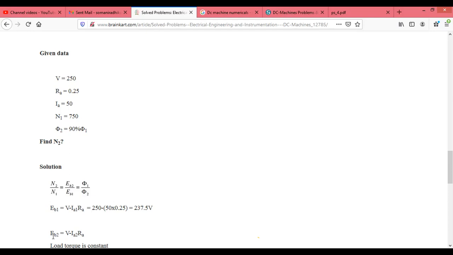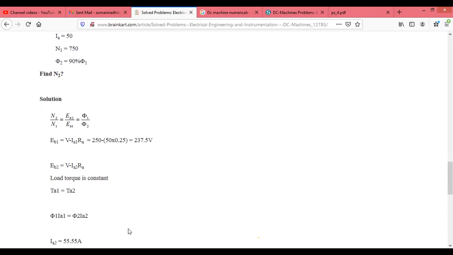For the second condition, we are having the equation like V minus IA2 RA, but they have not given the IA2 value. But what we are saying is the load torque is constant. We are aware of the torque equation from when we saw the characteristics of the DC shunt motor.